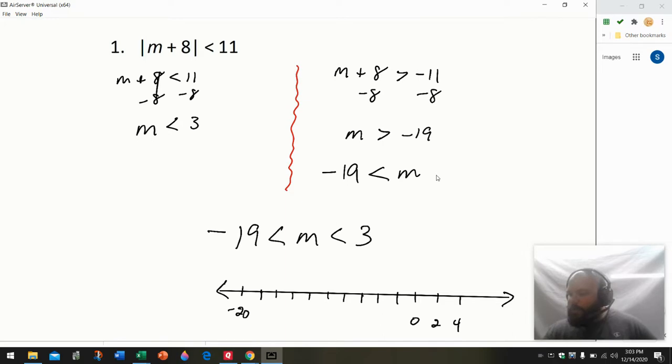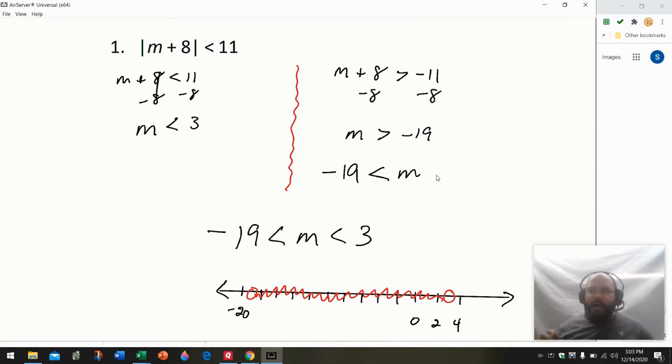Now, I counted by twos because it's such a far distance apart. And now we need to put dots, right? So looking at this inequality, the negative 19 has a strict inequality, so it will be an open dot on negative 19. The 3 is a strict inequality, so it will be an open dot on 3, and then we're going to shade everything in the center, and we get our inequality like that.